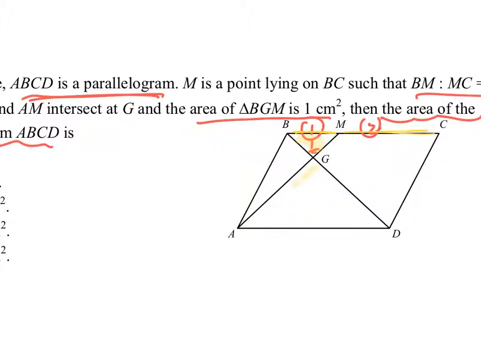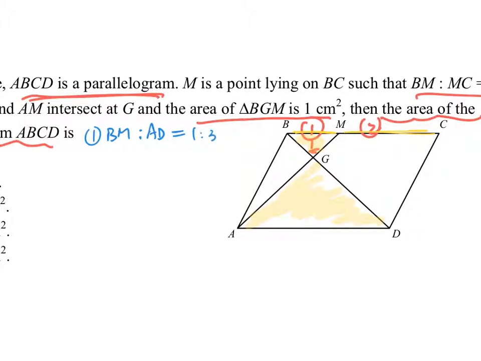So we have BGM and also AGM. You can see BM to MC is 1 to 2. Can you see also, point number 1, BM to, this time I will look at AD. So it's 1 to, can you find the number?